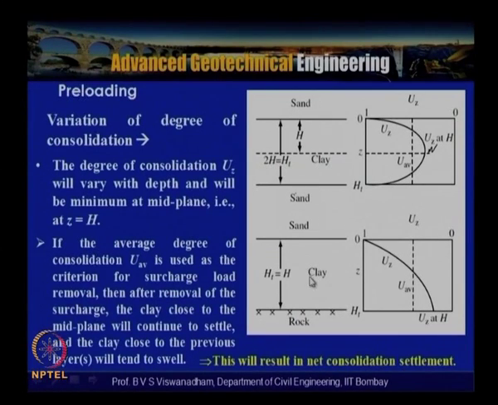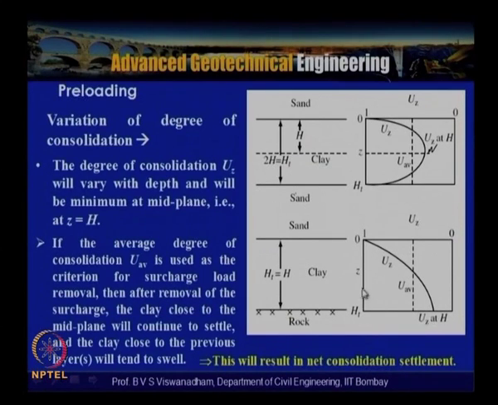So in case of one-way drainage, you can see that this is the isochrone at any time T after placement of the fill, and this is the bottom base where the impervious layer is, or if you are having another clay layer it is at that particular plane.